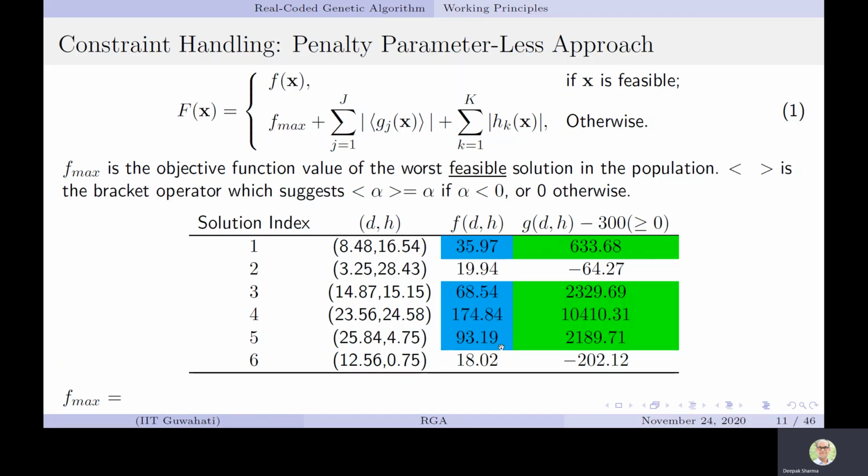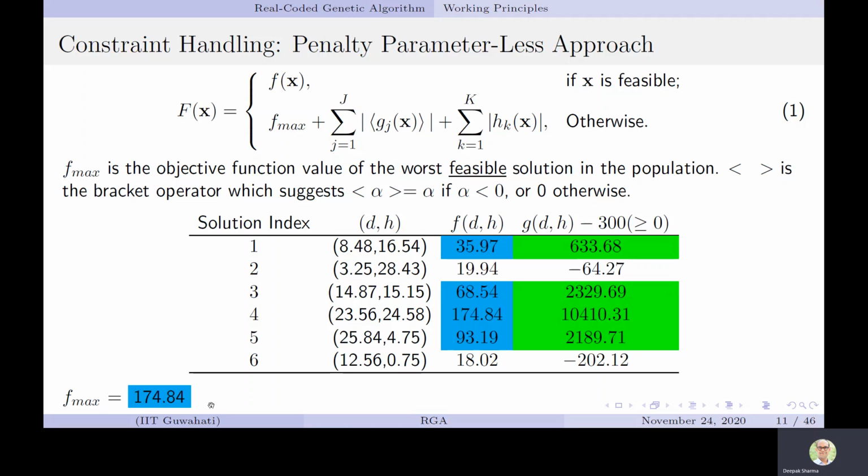Since we are solving a minimization problem, among these 4 feasible solutions, the worst feasible solution is solution number 4, which has the maximum fitness value, which is 174.84. So Fmax, as you can see at the bottom, will become 174.84.